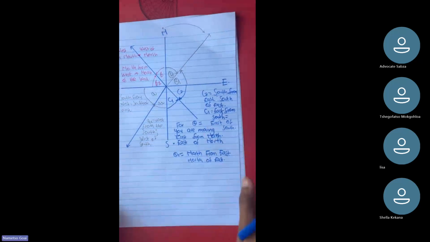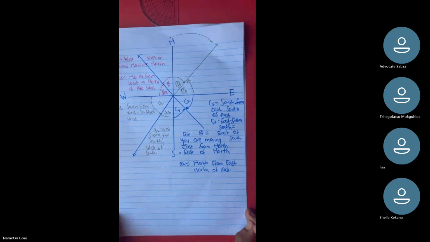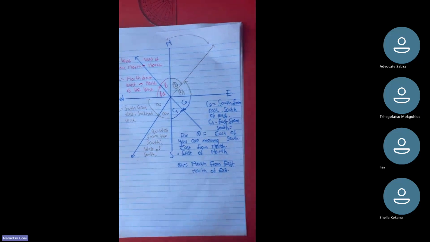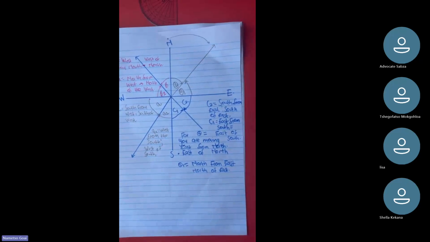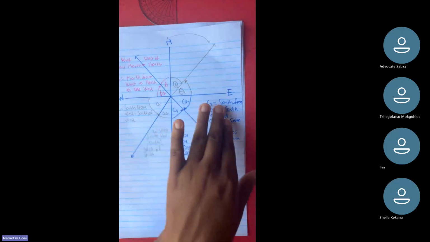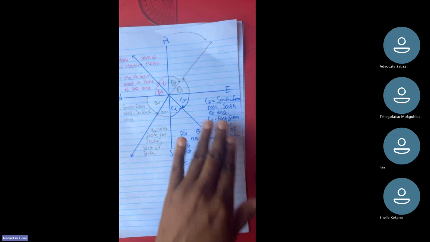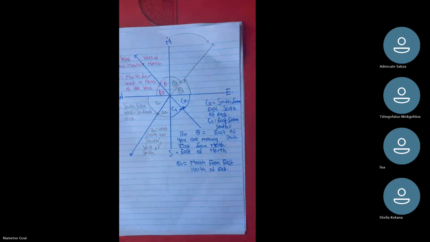Do you guys get this? Because I don't think the last time I properly explained why, but this I think is the clearest explanation as to why it would be south of east. Because if you look at this C2, it's leaving the east going to the south.